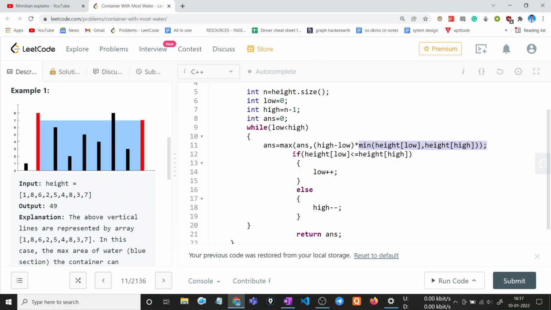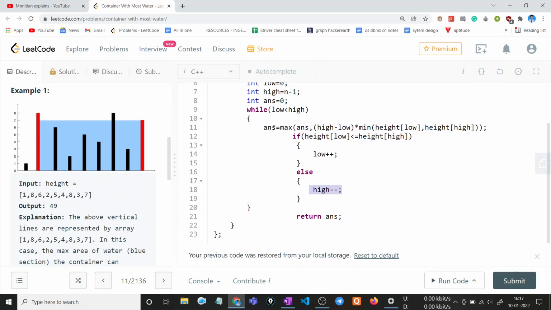Then we check if the low value is less than high, we shift low to low plus plus, otherwise if the high value is less than low, we shift high to high minus minus, and finally we return the answer. So thanks.